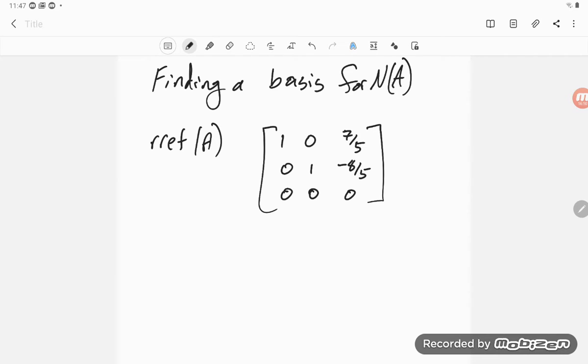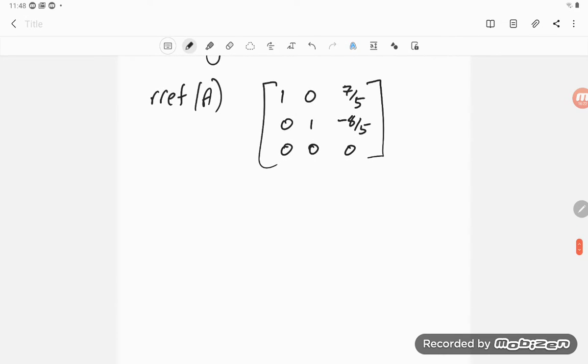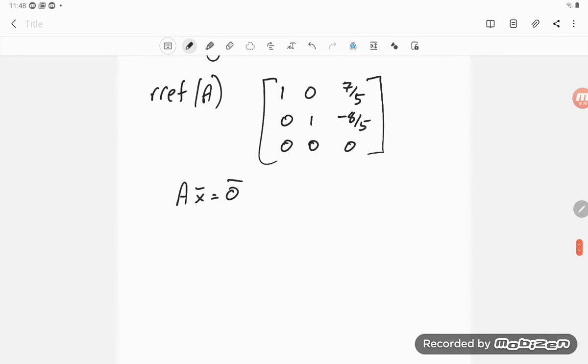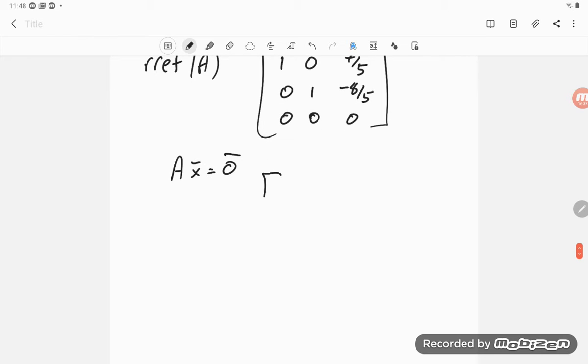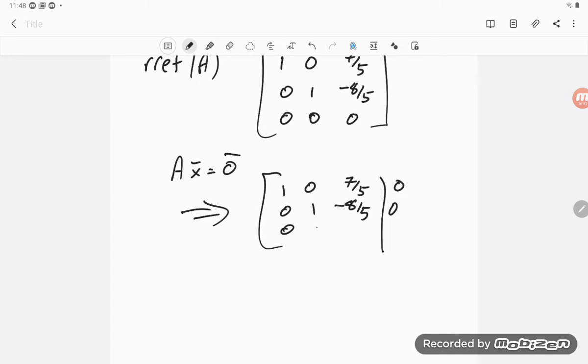And so remember, if I'm looking at a solution here for the null space of A, I'm taking AX equals 0, and when I solve that, this leads to this augmented matrix: 1, 0, 7/5, 0, and 0, 1, negative 8/5, 0, and 0, 0, 0, 0.